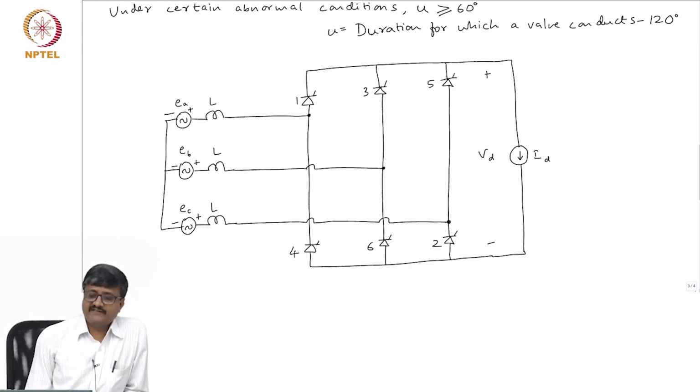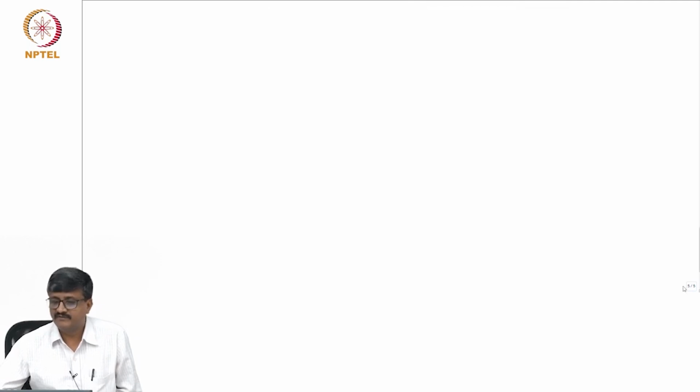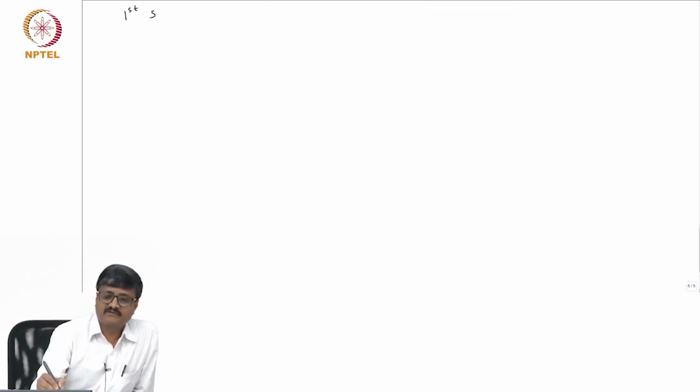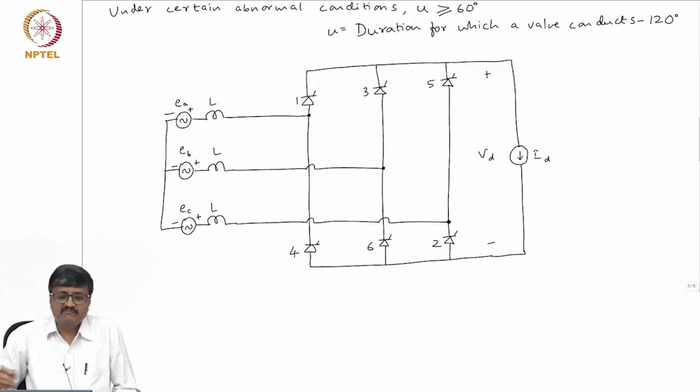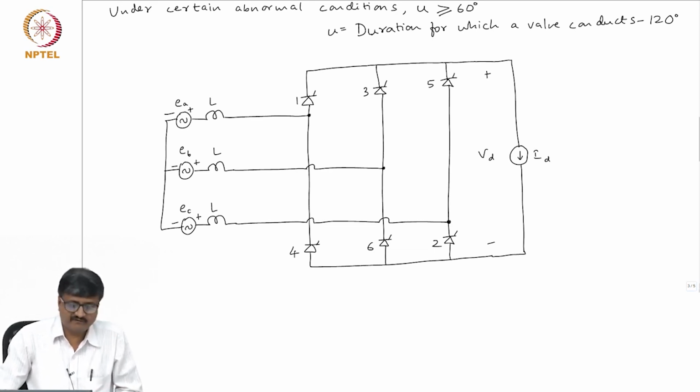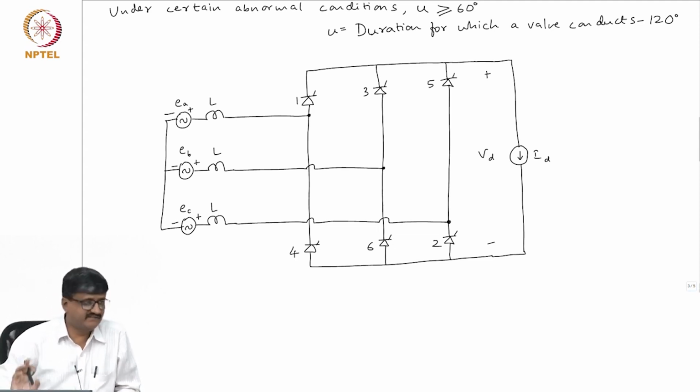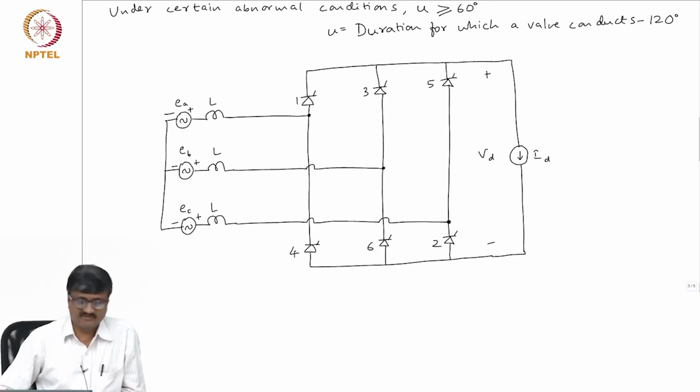Now, if I take the first subinterval, so in the first subinterval, will there be a non-zero current in the three sources EA, EB, EC? Or if I want to ask first, it is very easy to say that there is always a current on the DC side, ID is flowing, ID is non-zero.